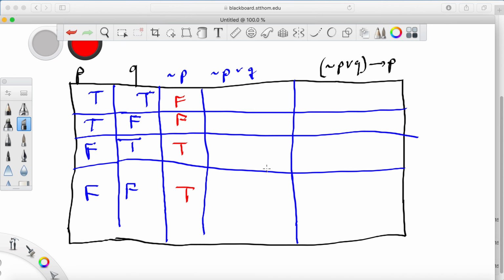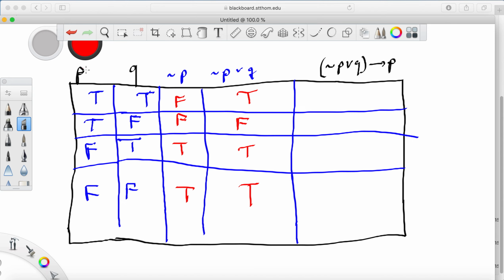Otherwise, if both are false, the whole thing is false. So because not P here is true, this is going to be true. And because Q is true, this is going to be true. And effectively, the one thing that makes it false is when Q is false and not P is false. So that's right here.